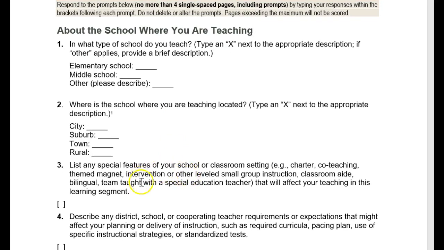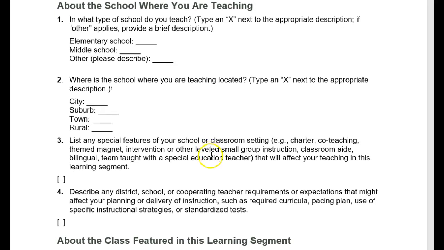You would talk about your special features here, that these are private, self-contained special education schools. You may talk about the fact that classes are co-taught. This is where you would put the specialized instruction, the classroom staffing, those staffing patterns, things you've been writing about in your logs the past 2 weeks.